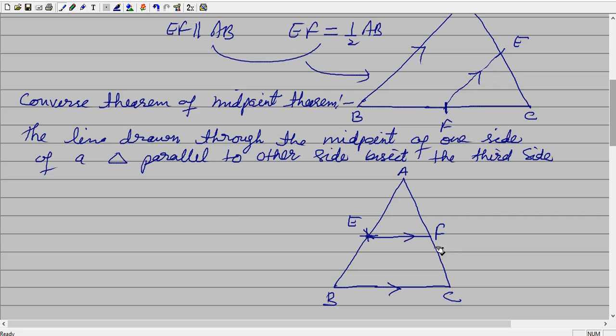We just change the statement. The line drawn through the midpoint of one side of a triangle parallel to another side bisects the third side, means F is a midpoint of AC. Just reverse the condition, or you can say shuffle the condition. The given condition converts into the proof condition and the proof converts into the given condition. So now those are the two statements.